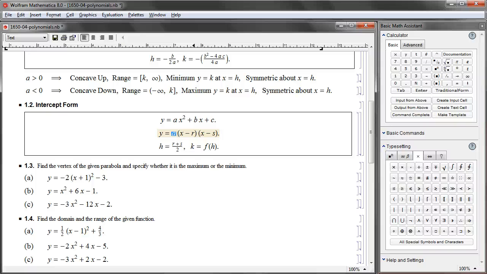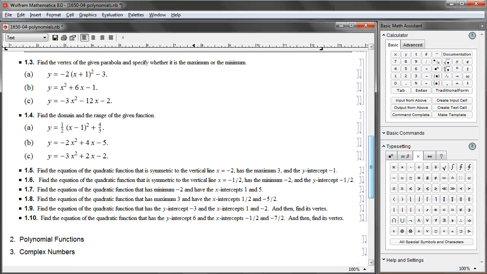And how do you find out the k value? Maximum or minimum? Well, that's going to be your y value when x is equal to r plus s over 2. So you know what to plug in, and that equation will help you identify the a value. Again, I'm going to leave the details to the students.